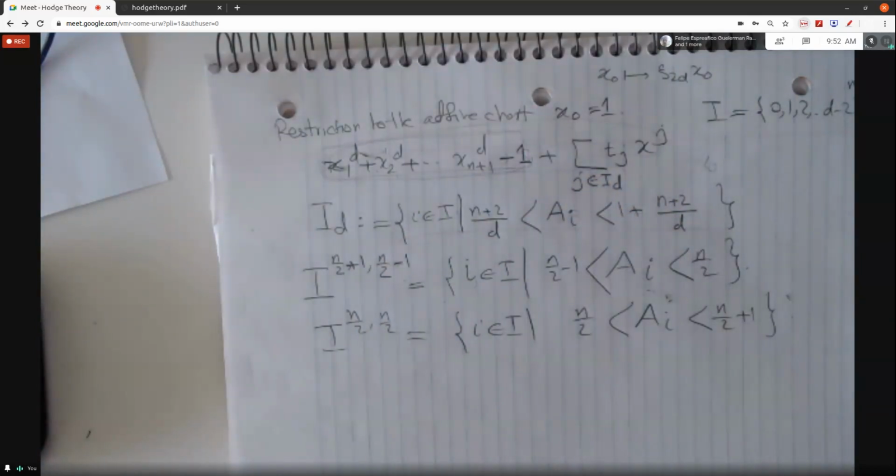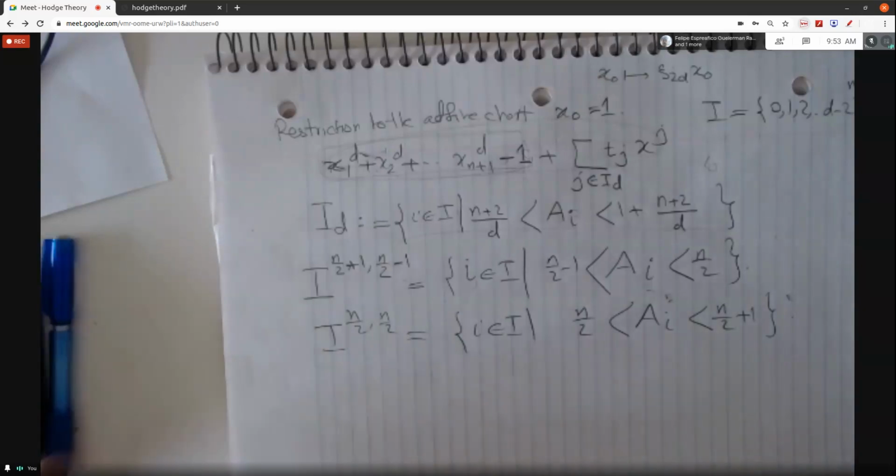And the next step, I want to compute the tangent space of the Hodge locus. And then I will say why computing the tangent space of the Hodge locus will be useful in order to understand the Hodge conjecture.